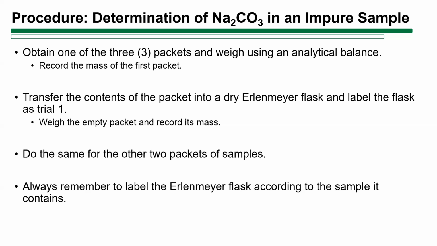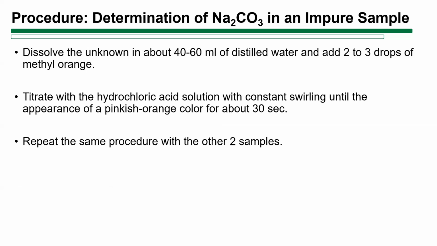So you transfer the contents of the packet into a dry Erlenmeyer flask and label the flask as trial 1. This is weighing by addition because you will be weighing the empty packet. You do the same for the other 2 packets of samples, and always remember to label the Erlenmeyer flask according to the sample it contains.